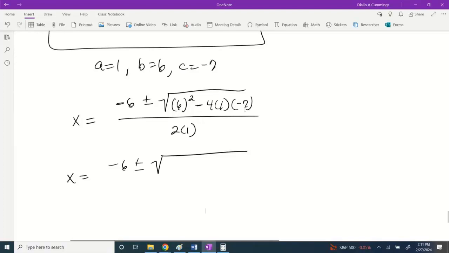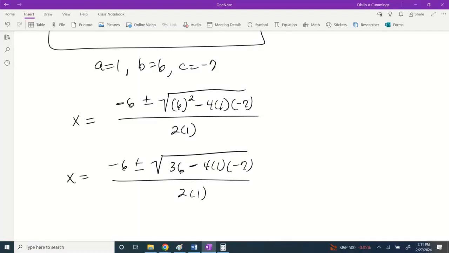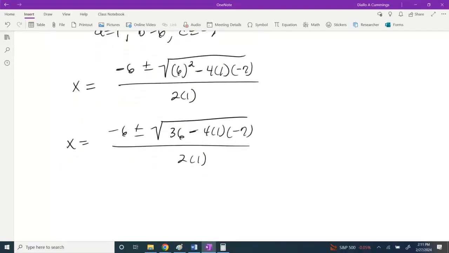These parentheses are just telling me to multiply. Next, you want to evaluate your exponent. 6 squared is 36. So I'm going to just put an extra step in. I'm going to bring everything else down just to show how this works.